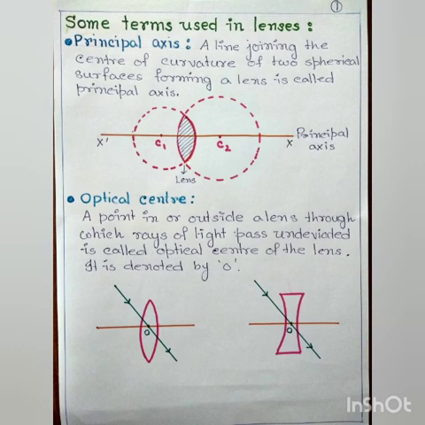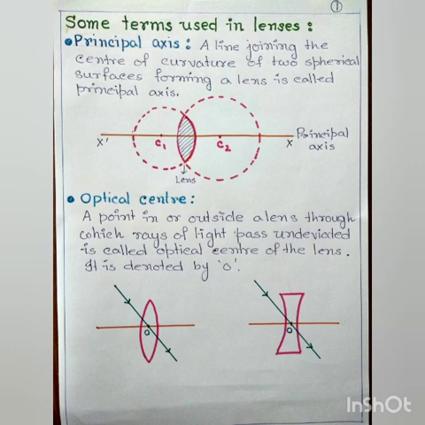If one surface is spherical and another is plane, that plane we can consider as a part of a big sphere. The radius of both surfaces may be equal or not equal. Here I have considered different radii.